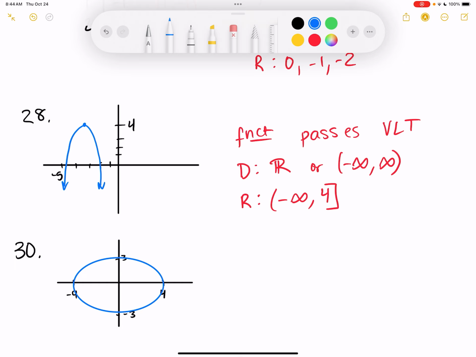So I need to check and see if it passes the vertical line test to be a function. At pretty much every single point, what do you see is happening? It intersects 2 places, down here and up here. So this would be not a function.